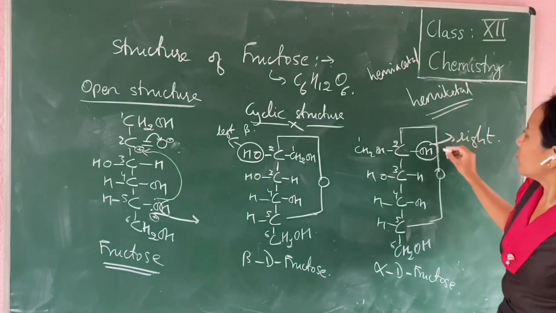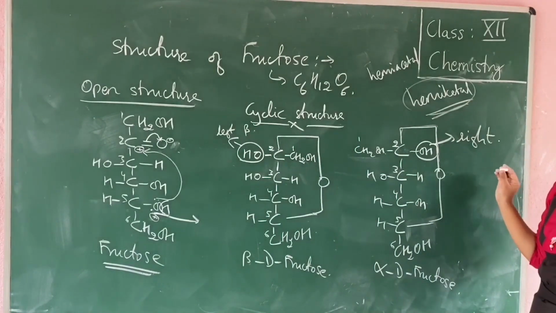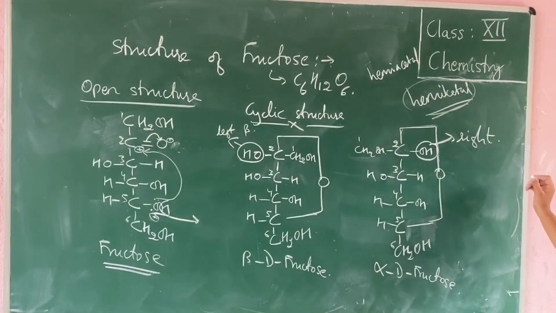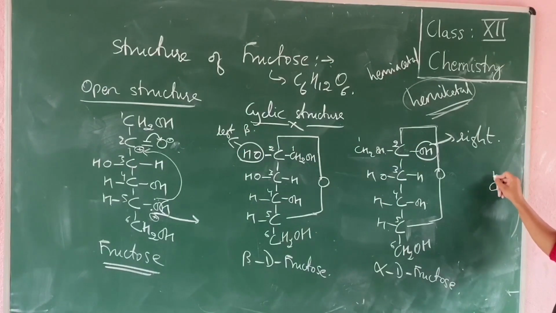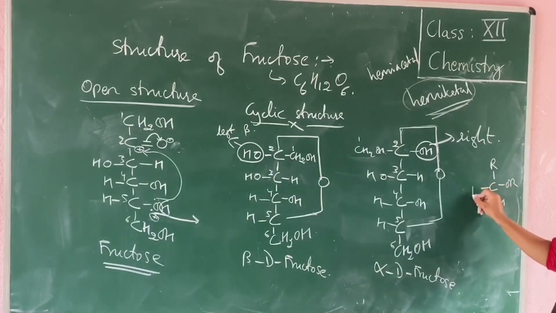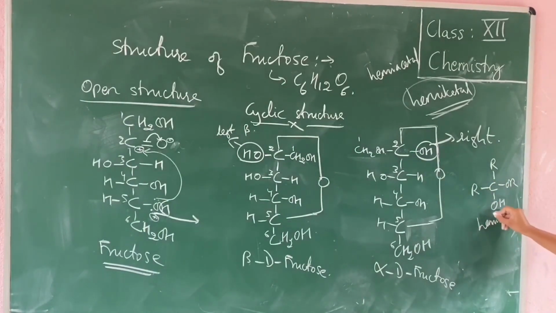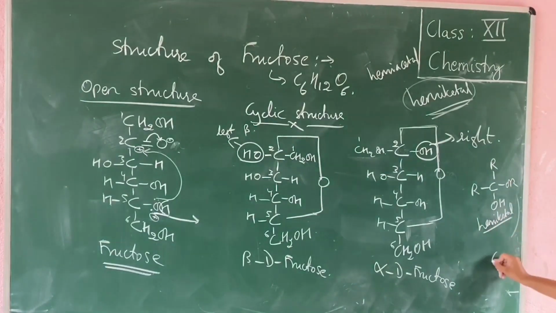In this case, it forms a hemiketal compound, and hemiketal compounds are the compounds where you have C, and then you have R, OR, OH, and then one R. So in the case of, this is your hemiketal, whereas in the case of hemiacetal, you have R, H, and then OR and OH.